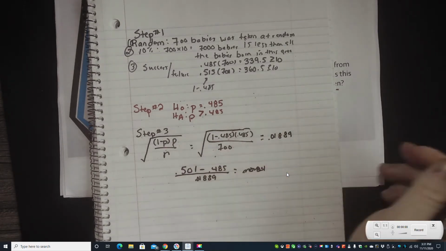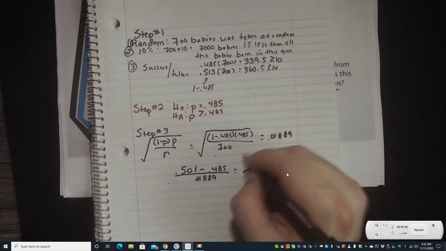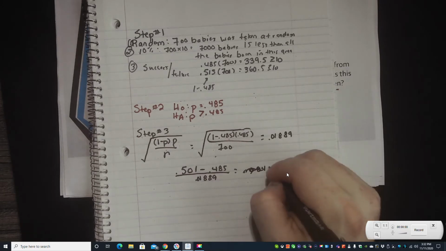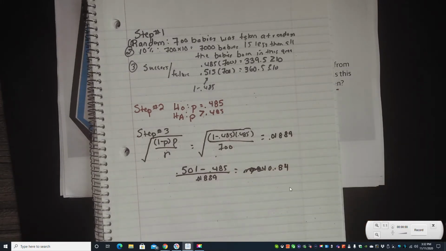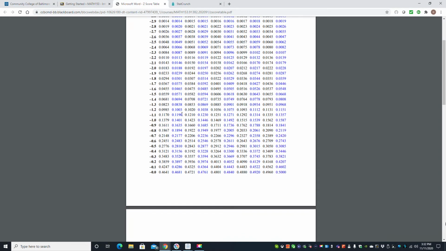Let's go back here. 0.501 minus 0.485 divided by 0.01889, and that's a little bit better. I knew that wasn't right when I saw it. It's 0.84.